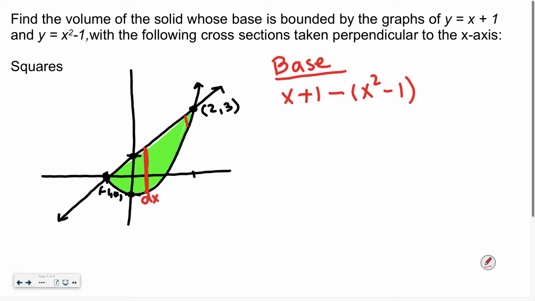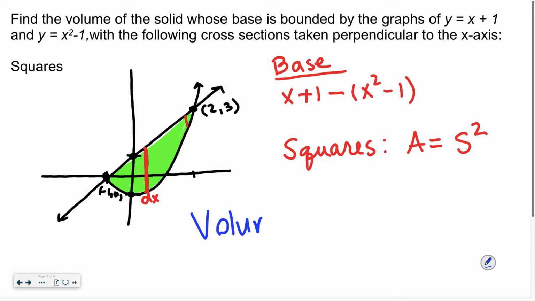Now, specifically, we're talking about squares. And how do you find the area of a square? Base times base, right? Like whatever the side is squared. Base times height, well, the base and the height are the same. So when we set up our volume, we're going to take the integral.